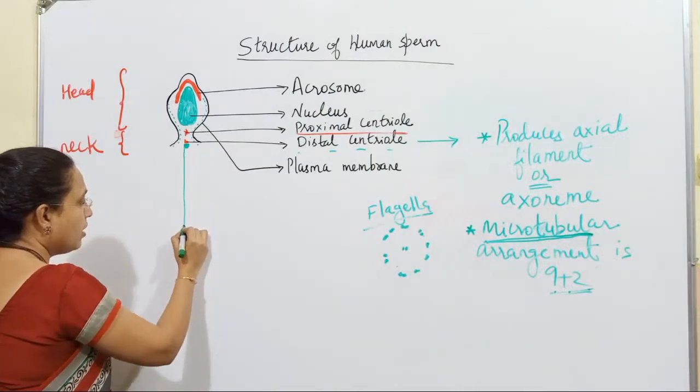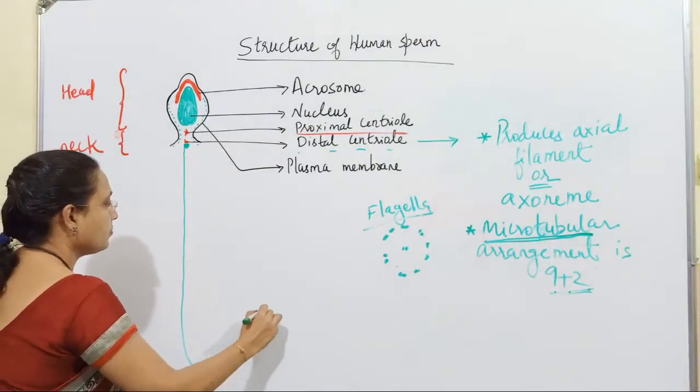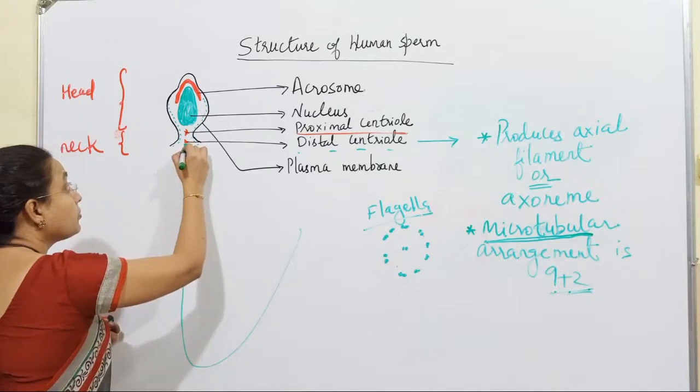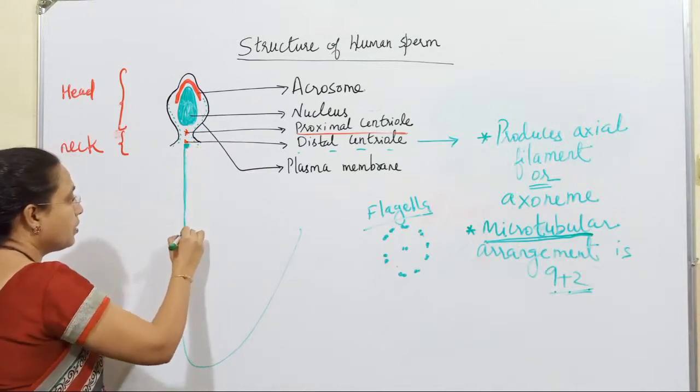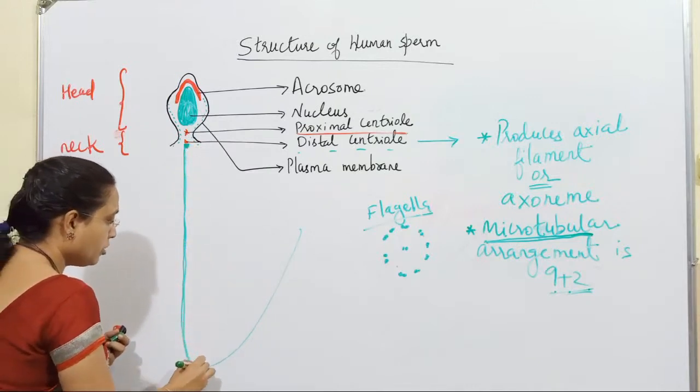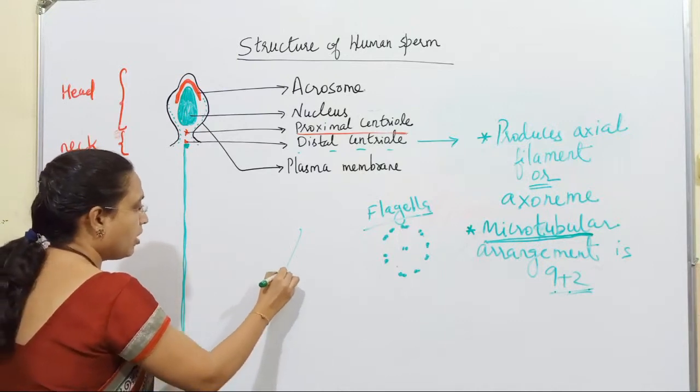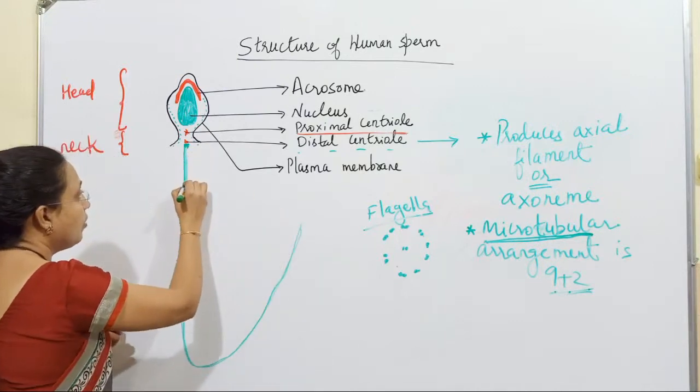So from here starts the microtubule extension, which is a part of the axial filament.